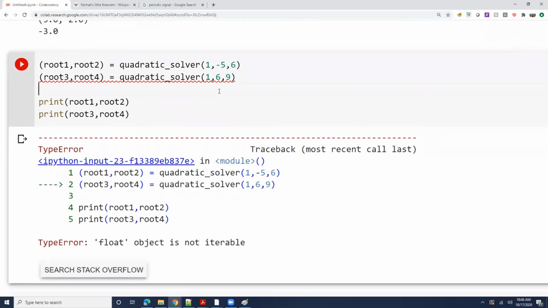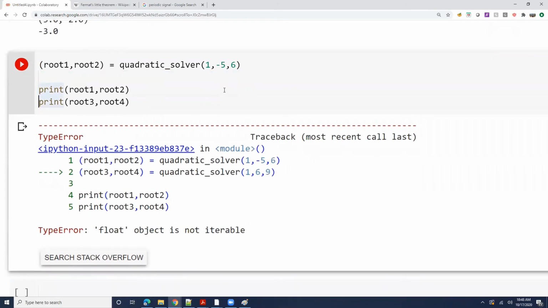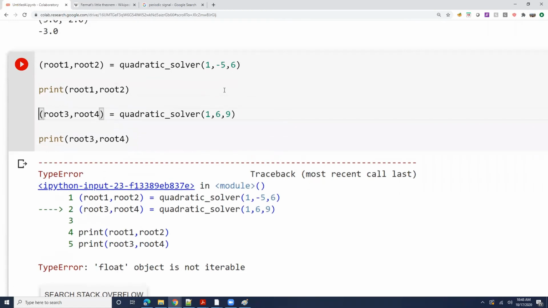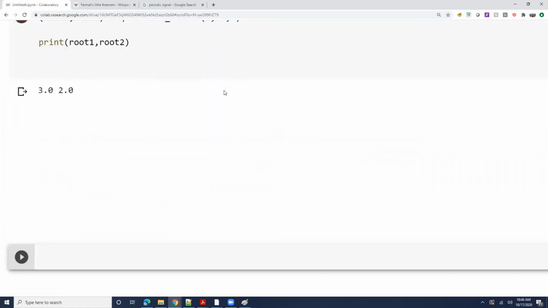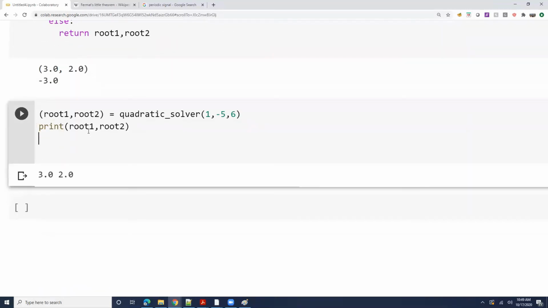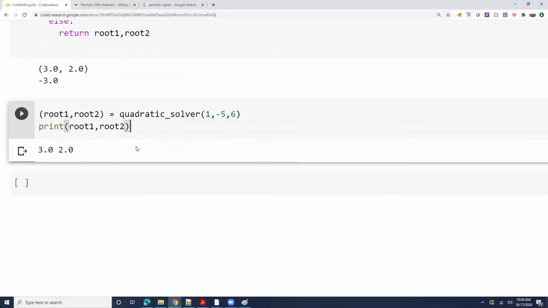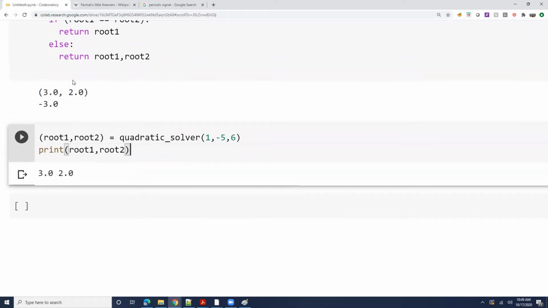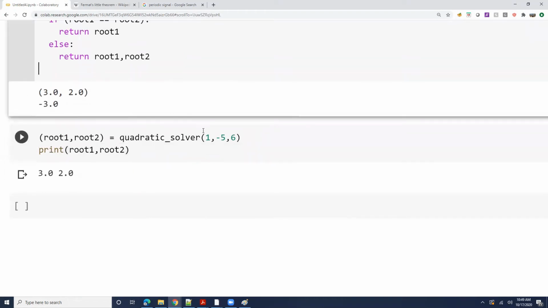So it gave me an error. First let's do up to here and then see what happens. So this worked fine, right? When I said root1 comma root2 equal to quadratic solver, it gave me 3 and 2. And that's what is expected because for this equation, x square minus 5x plus 6 equal to 0, the roots are 3 and 2, which we already printed here. These are the two roots.